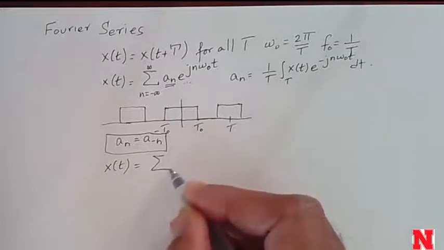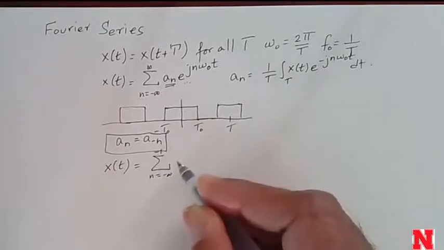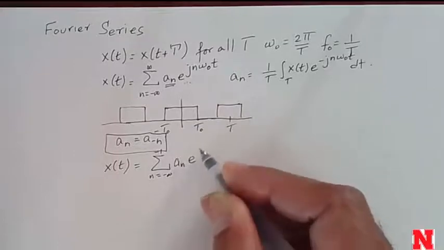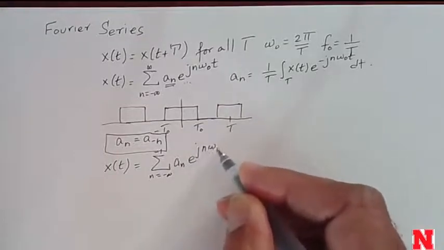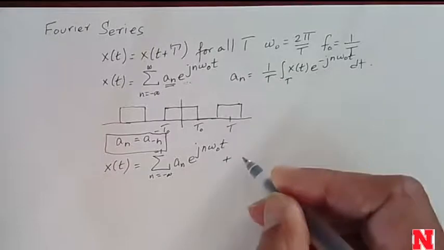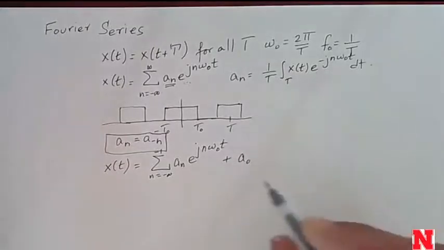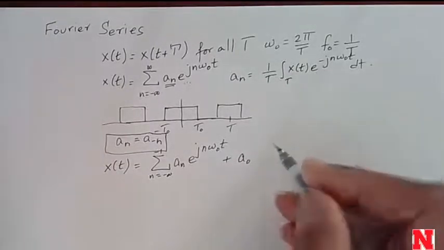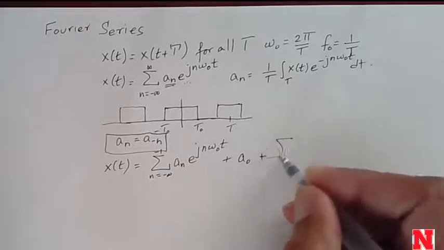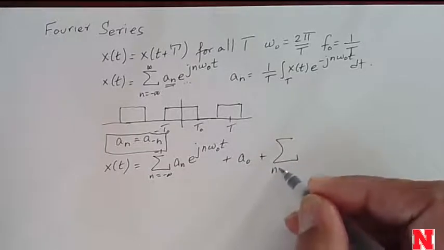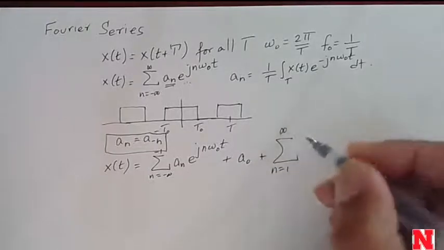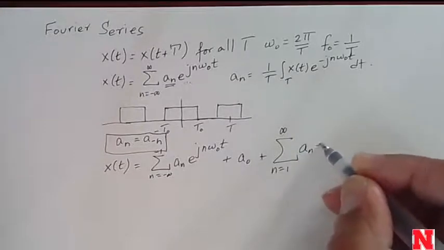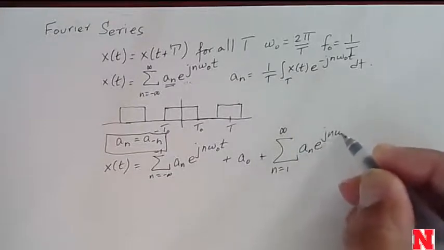The first one will go from minus infinity to minus 1, and same thing, e to the j n omega naught t. And then I'll have the coefficient for n equals 0 just by itself, and then the terms from n equals 1 to infinity, a sub n e to the j n omega naught t.